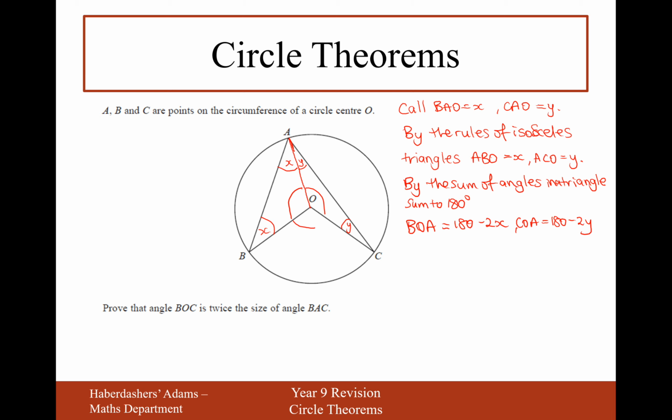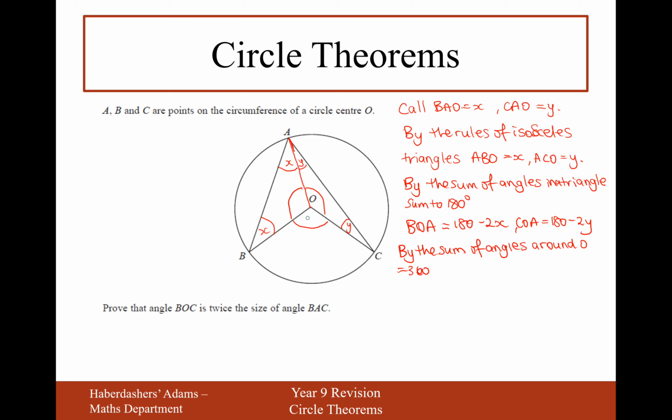Then from the angles around a circle, so we're now doing angles around O, by the sum of angles around O equals 360.